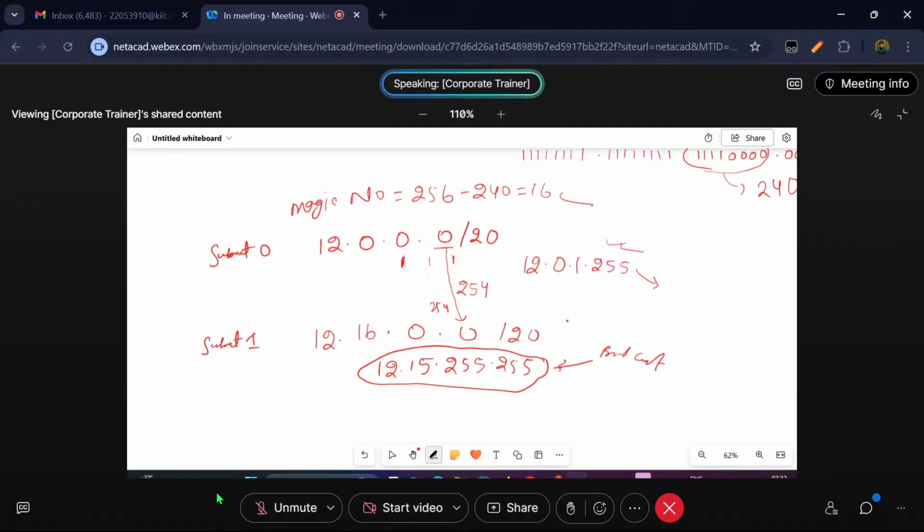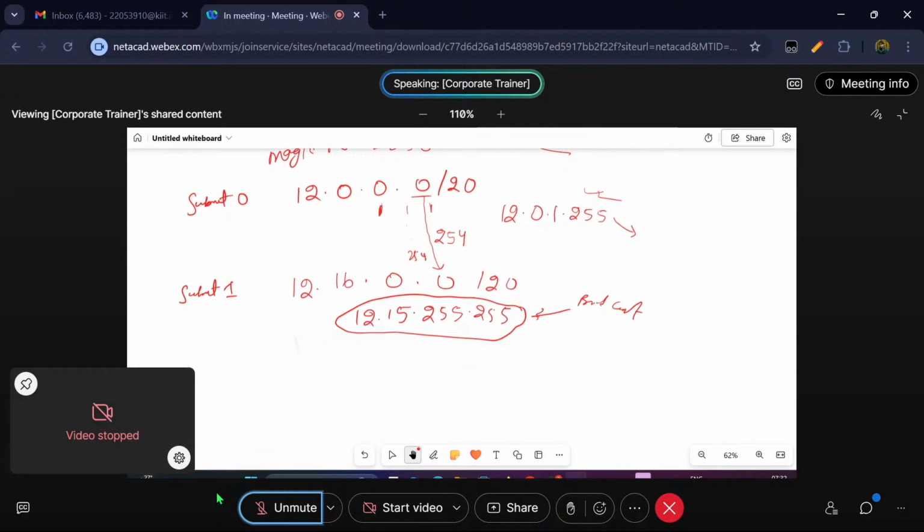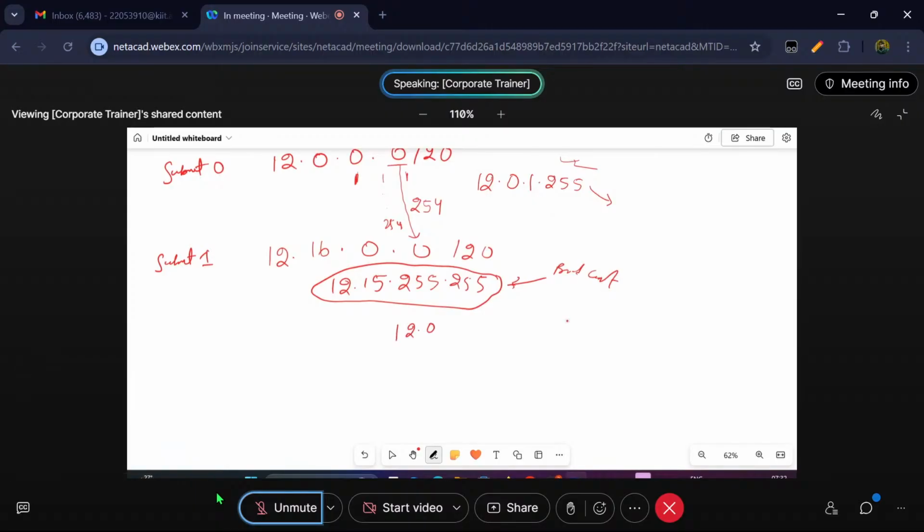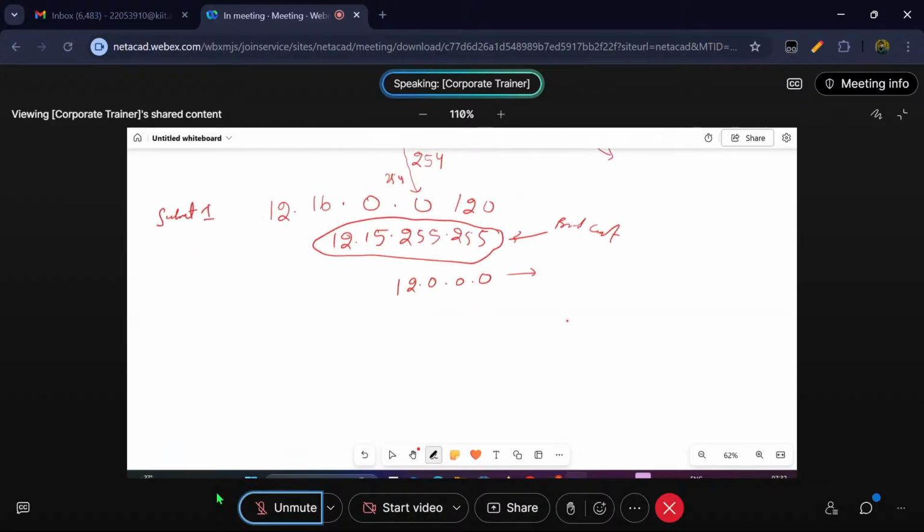No, understand, whenever we are defining the broadcast address, suppose my first network ID is 12.0.0.0. That is the network address for my subnetted network, subnet 0, right?